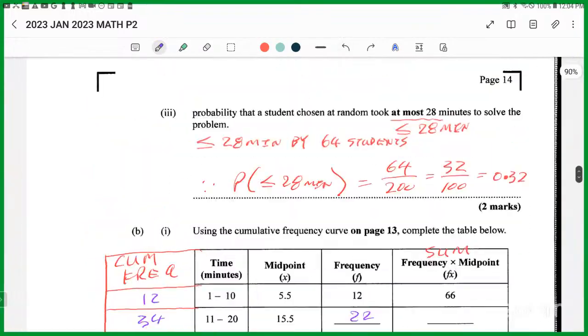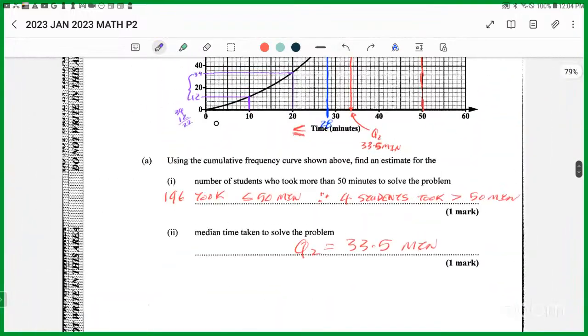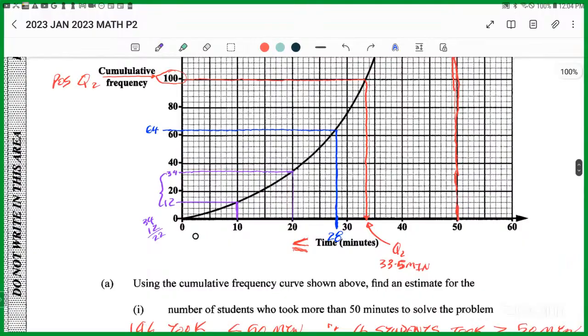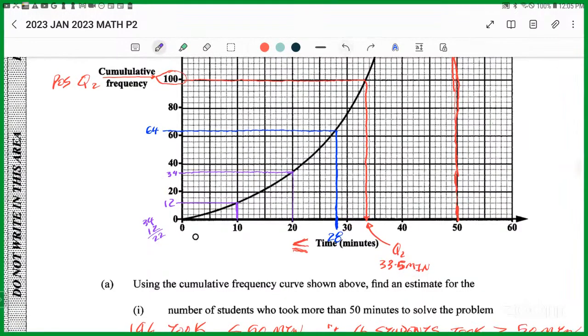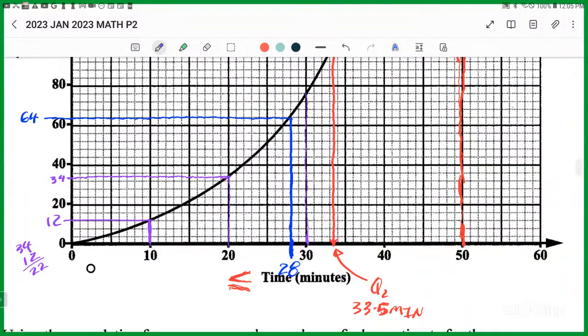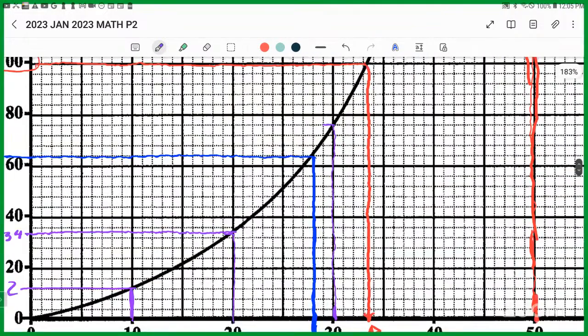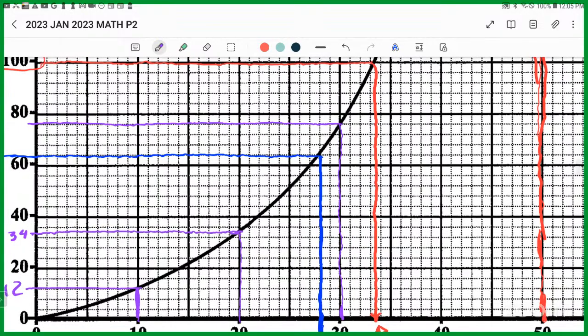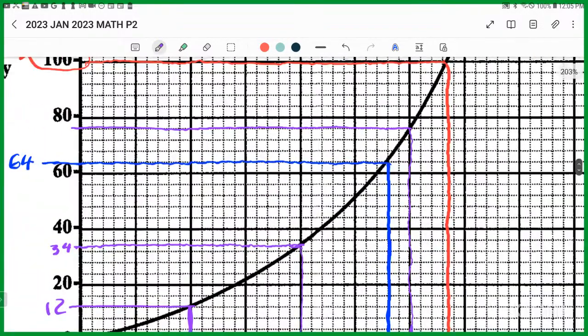So you can do it by the interval or by the values, your choice. The next one is 30. You come up on the graph for 30. This is the line for 30, and that is right on this line here. That is 4 less than 80, which is 76.